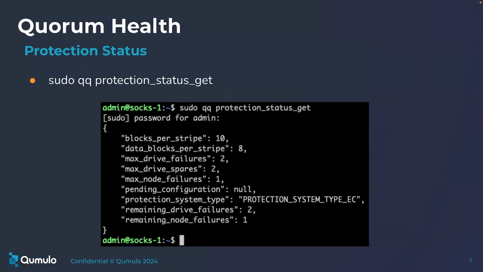So if you were to lose a drive at this point in time, your remaining drive failures would be 1. If you ran a restriper status, you'd see it doing a protecting and then a rebalancing. And once the reprotect finishes up, your remaining drive failures will go back to 2. And then you can go off and lose another 2 if you wanted to.